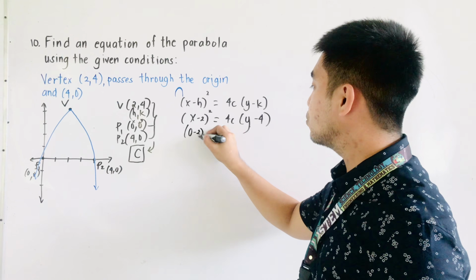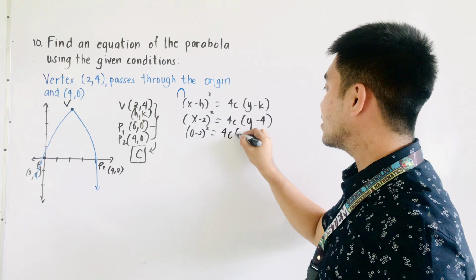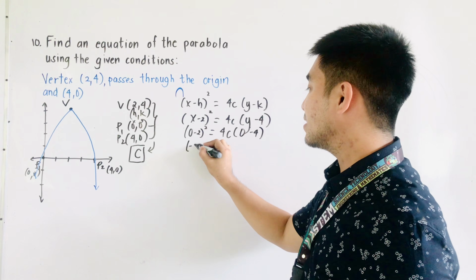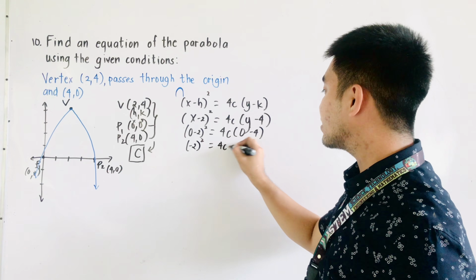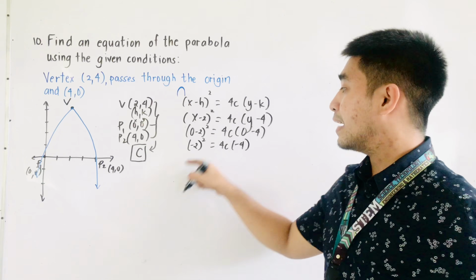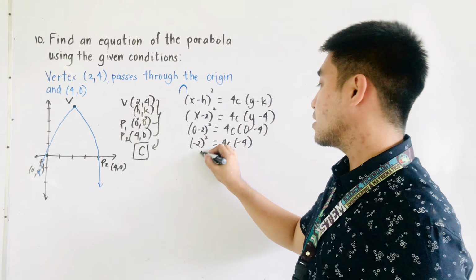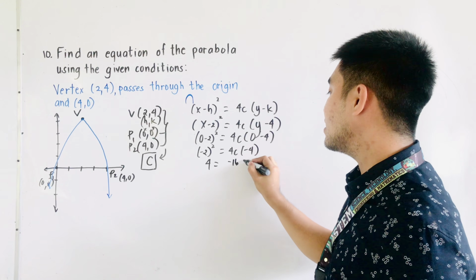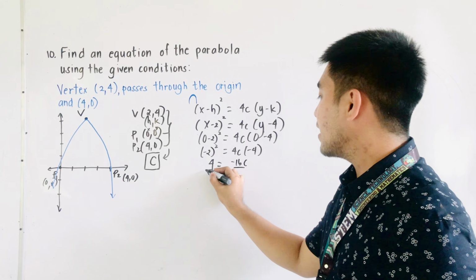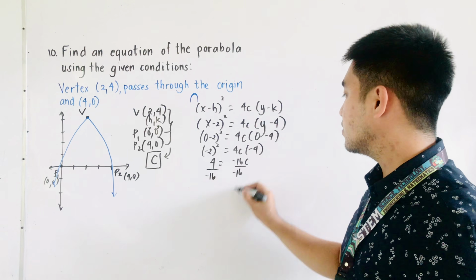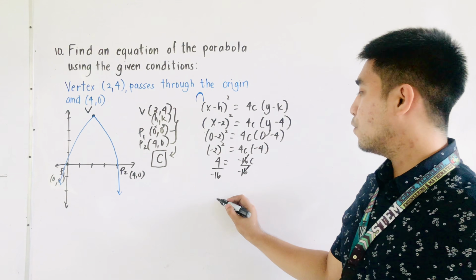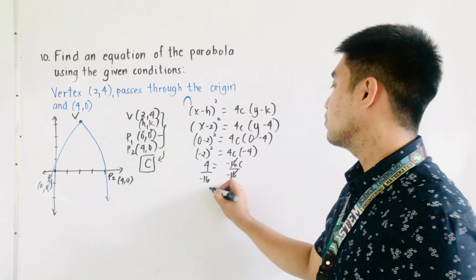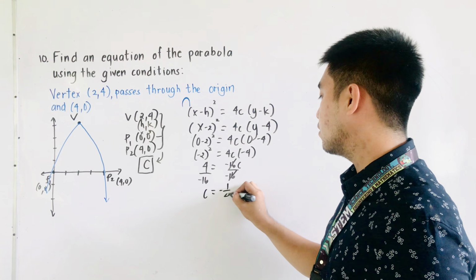So (0 minus 2) squared is equal to 4c times (0 minus 4). 0 minus 2 is negative 2, squared is 4. 4c times negative 4 is negative 16c. Divide both sides by negative 16. Therefore, 4 divided by negative 16 is negative 1/4. Our c now is equal to negative 1/4.